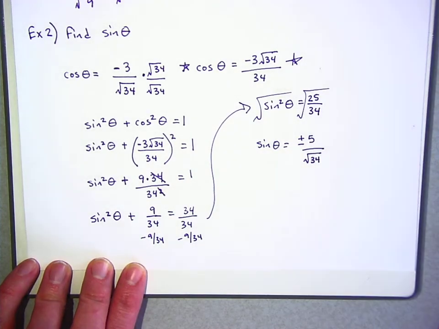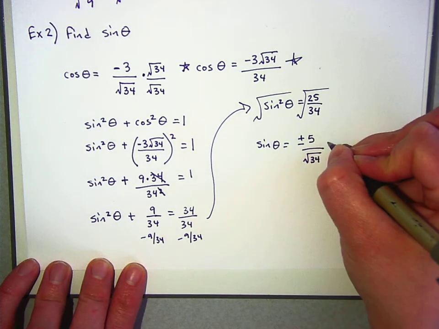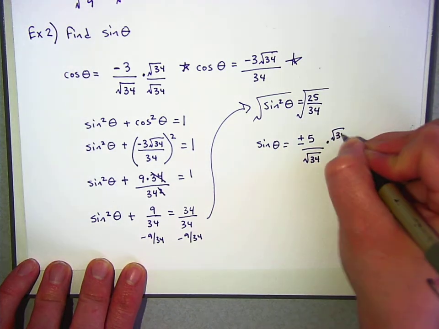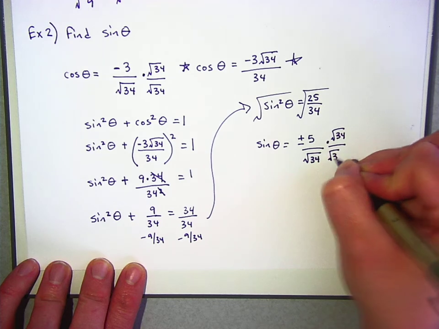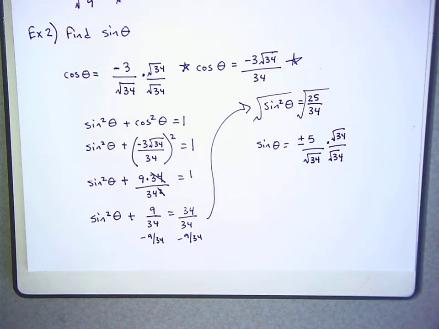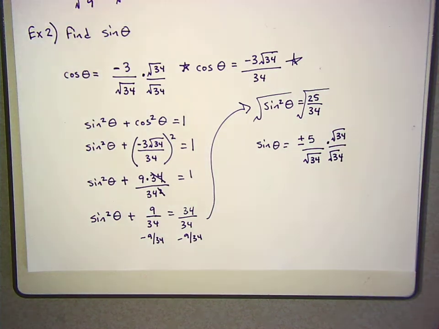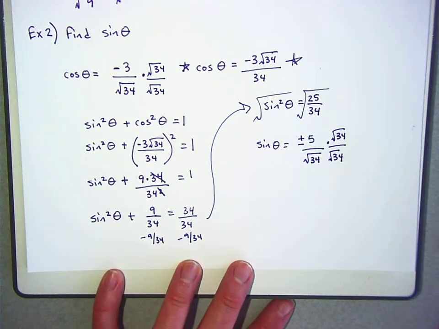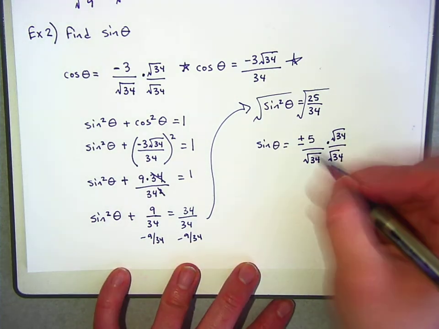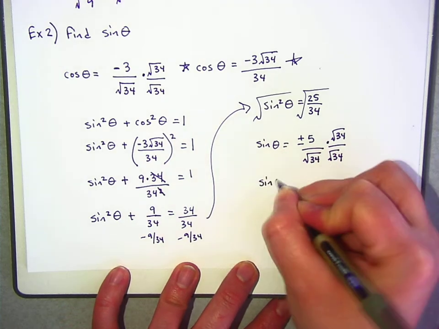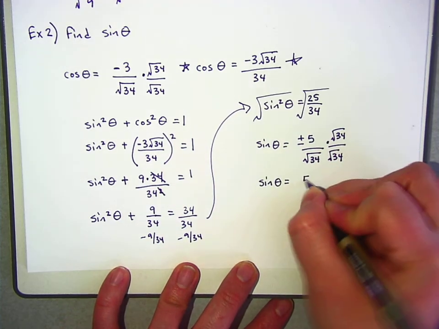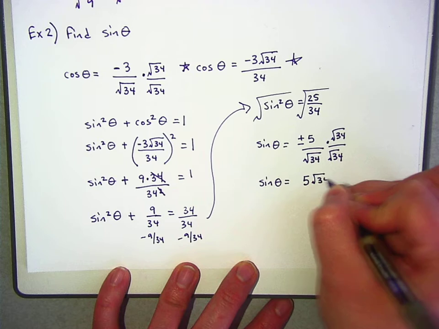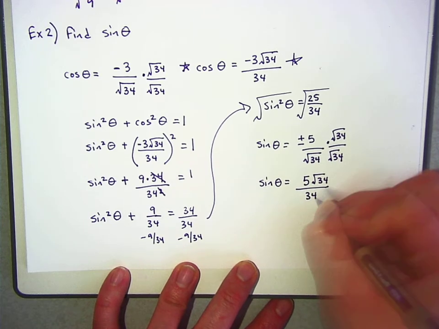Mm-hmm. And then you have to do the rationalization? Yeah. While we're doing this, can we decide whether sine is positive or negative right now? So in quadrant 2, is sine positive or negative? Positive because it's the top half, right? Remember, cosine goes left and right. Sine is up and down. So this is sine of theta equals positive 5 square root of 34 over 34.